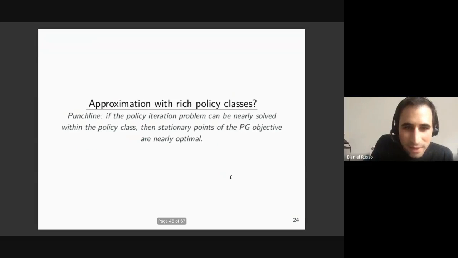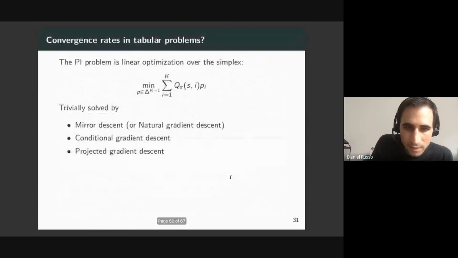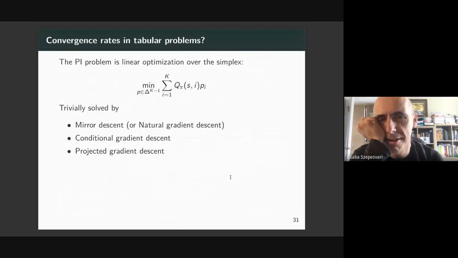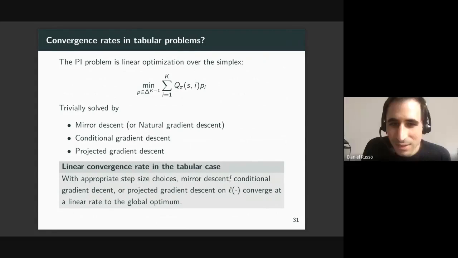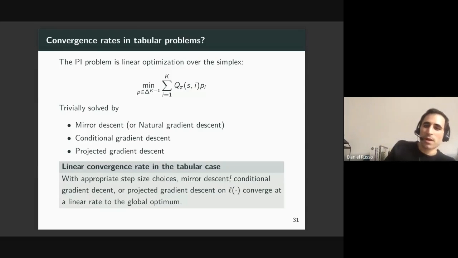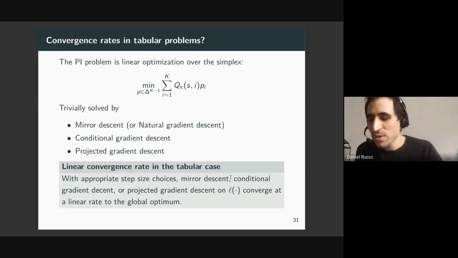Sure. I don't have many details here. So is this for just the plain parameterization, no parameterization case with projections? Yeah, it's mostly for the plain parameterization case with the full class of stochastic policies.